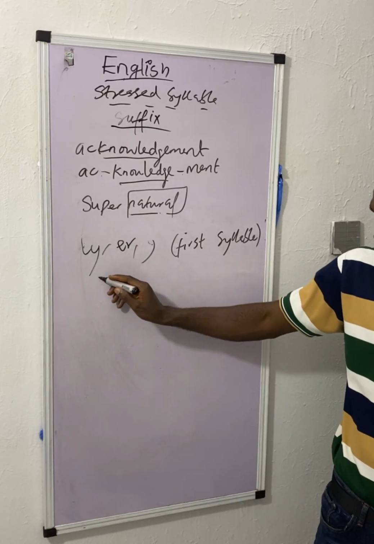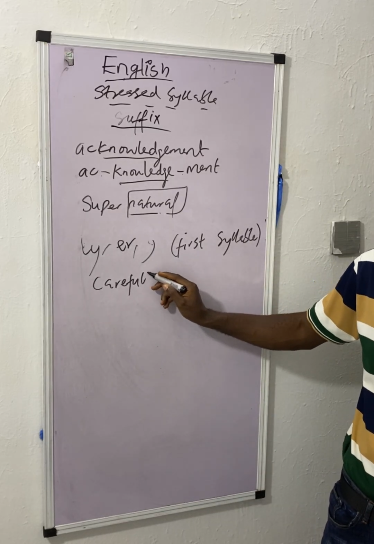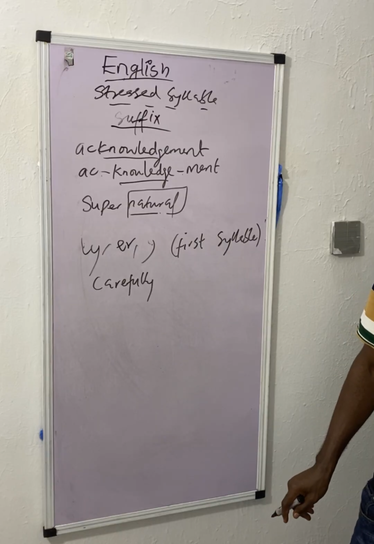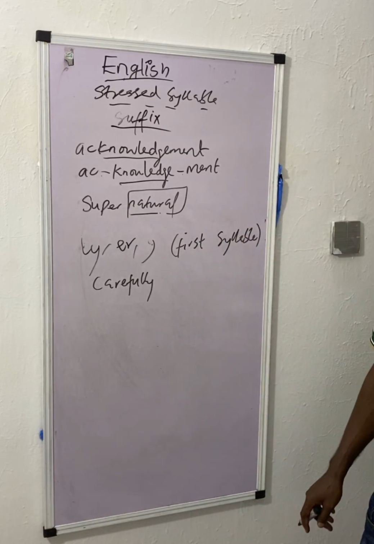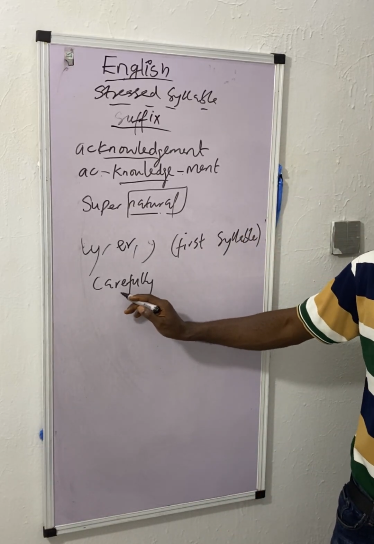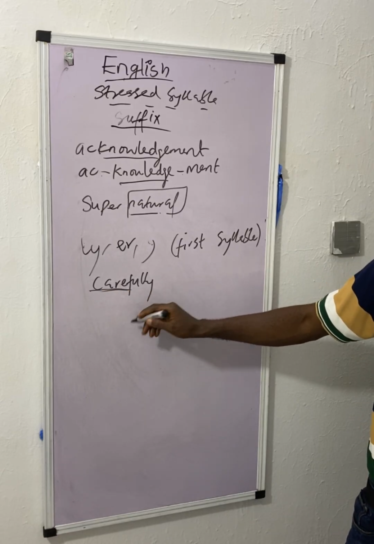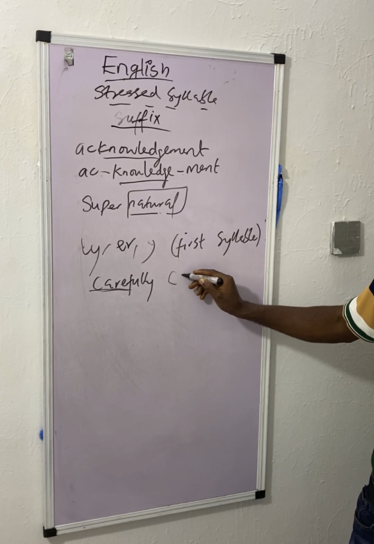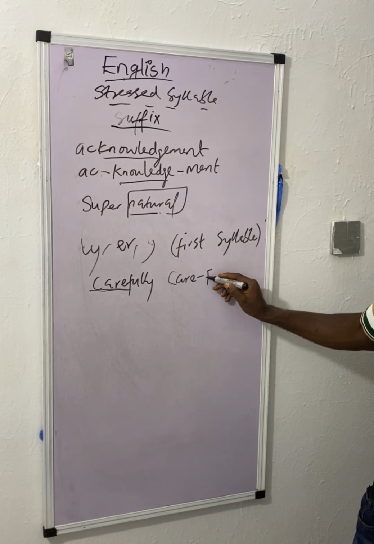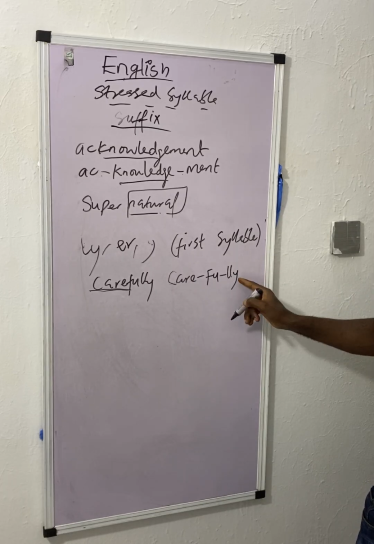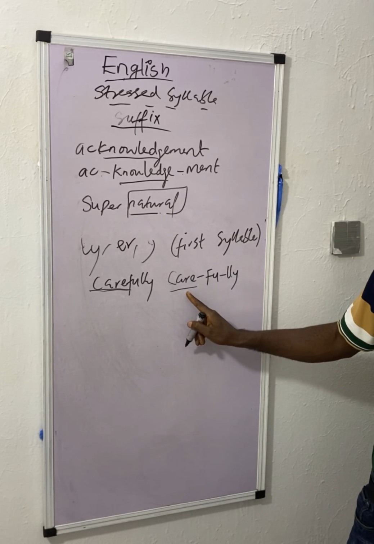For example, carefully. Care, fully. This is where we have the stress, in care. If we write this, we write care as one syllable, then full as another one, then li as the final syllable. We have the stress syllable here, the first.